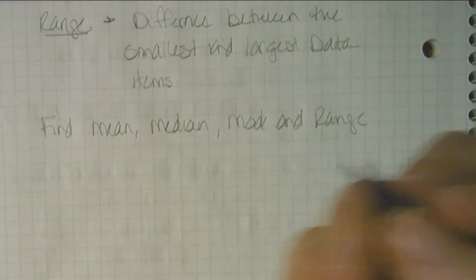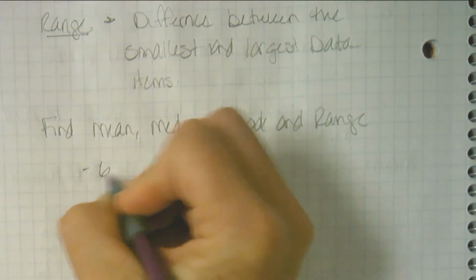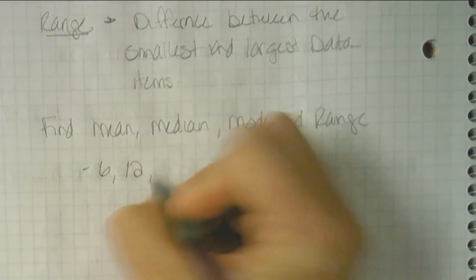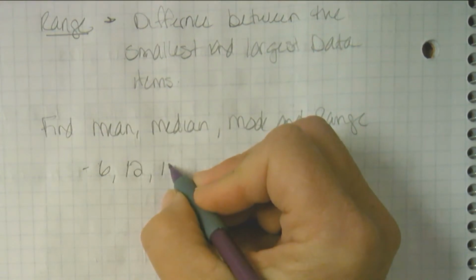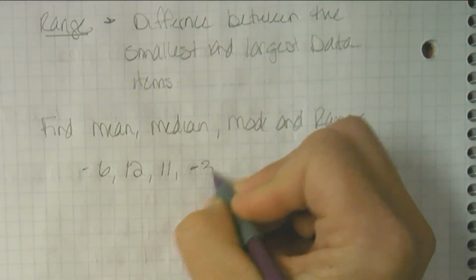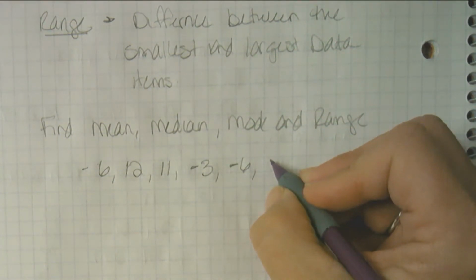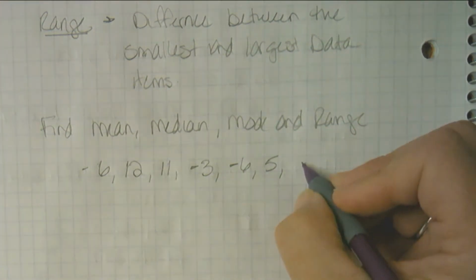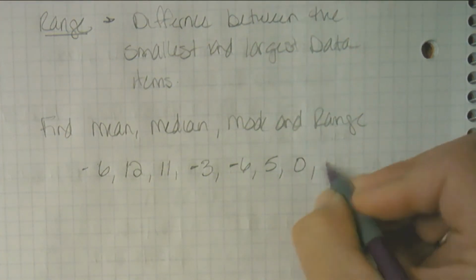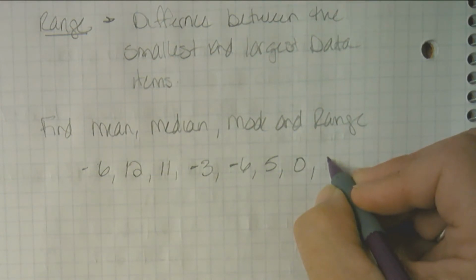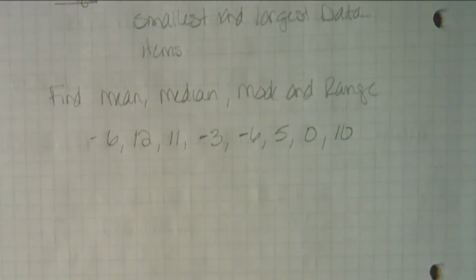All right, so let's do -6. And these are my values. So please use that first one that we did as your guide for finding mean.